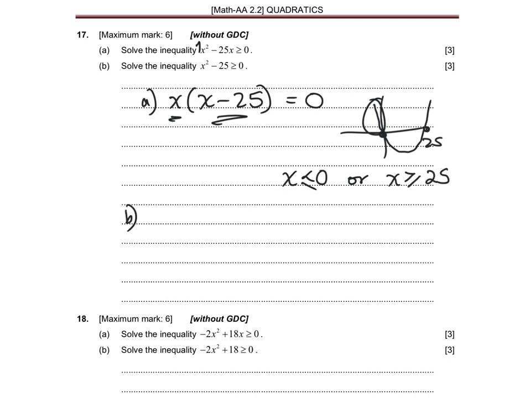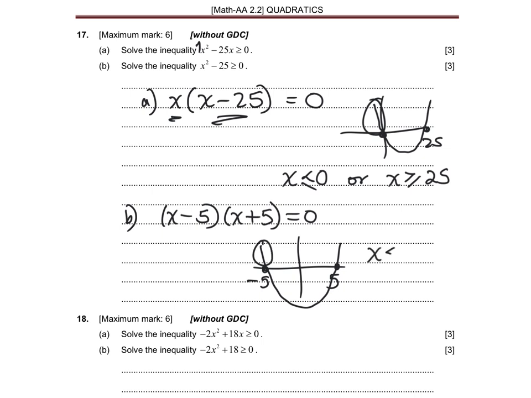For b, if we want to factor that one, that's a difference of squares, so it's x plus 5, x minus 5. And then that means we have zeros at 5 and negative 5. It opens up as well. And if we want it greater than 0, it's before negative 5 or after positive 5.